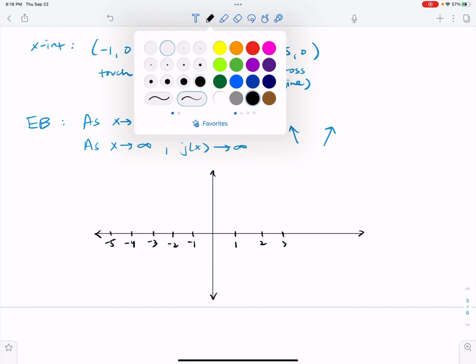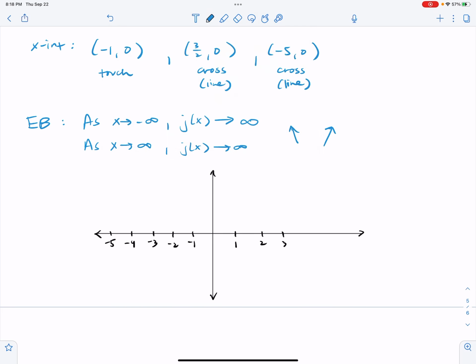Okay, so let's graph the intercepts. Both ends up. So as x approaches positive or negative infinity, the function's approaching positive infinity.